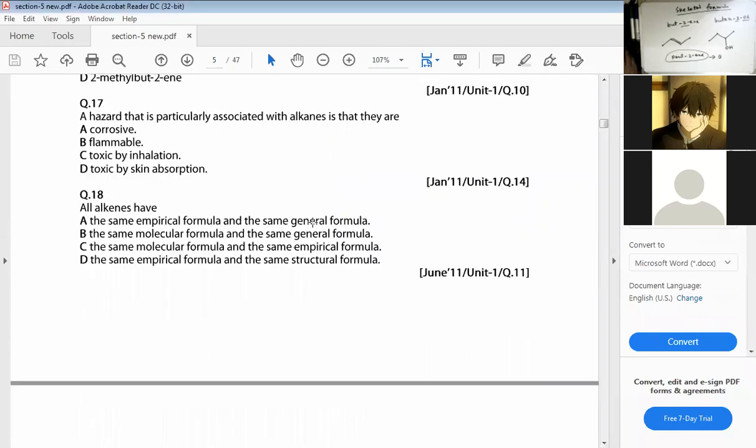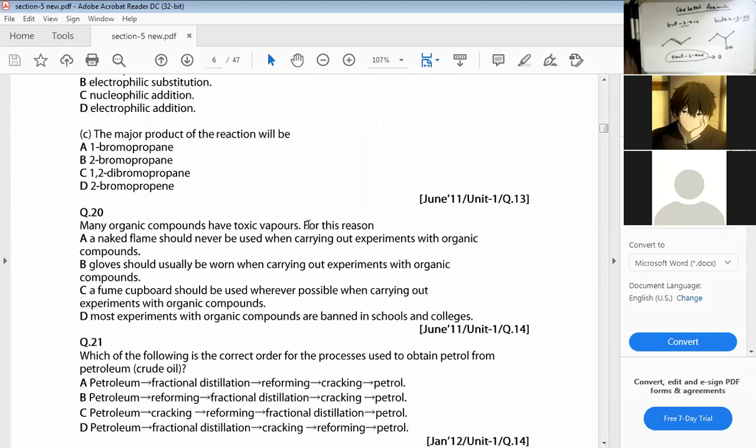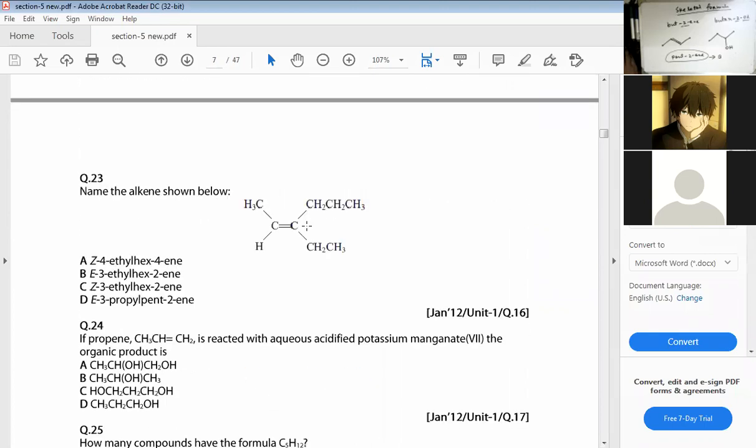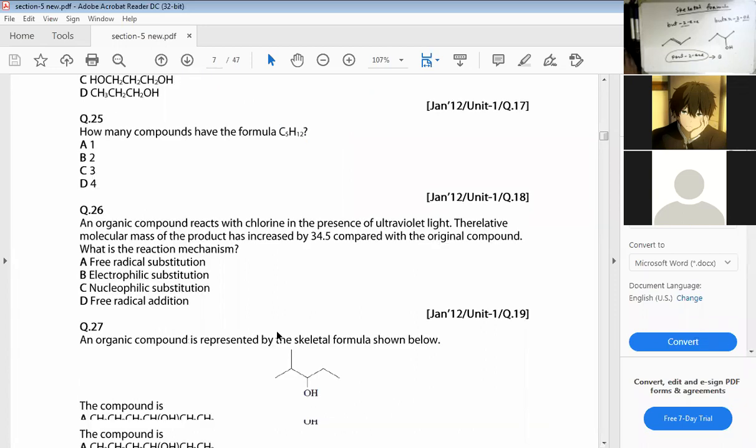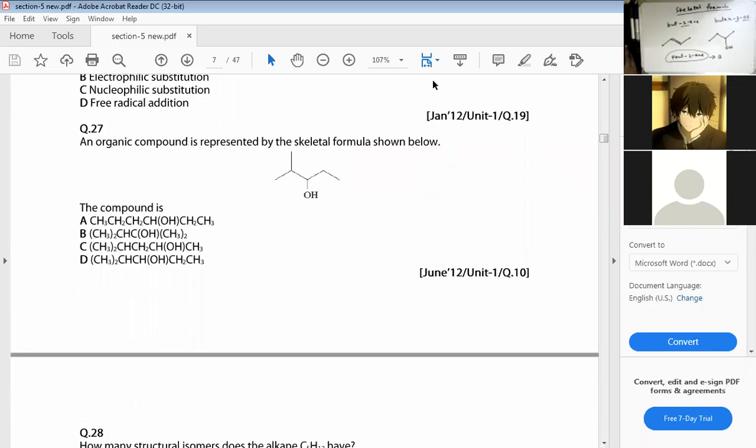Now next, on this one we discussed last class, number 27. Try 27. First tell me the name of the compound, then we can say the answer.